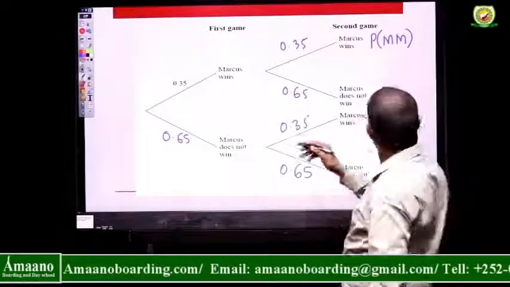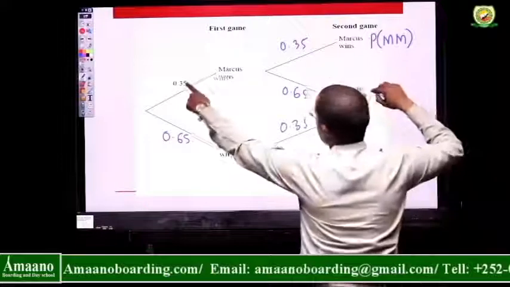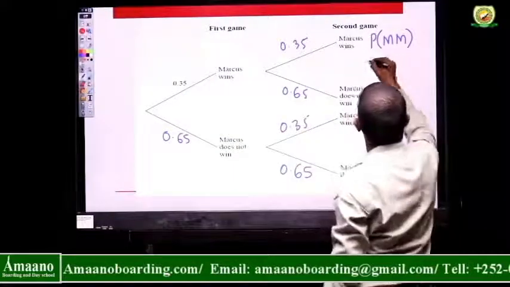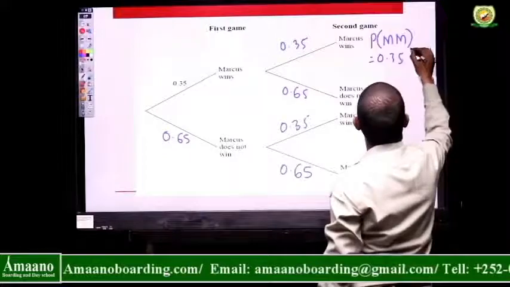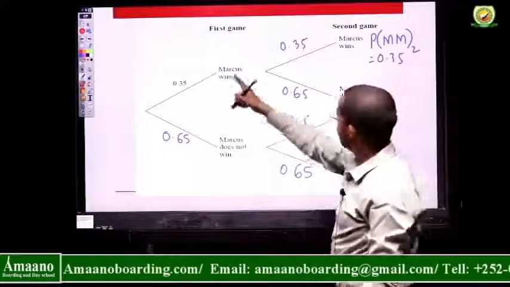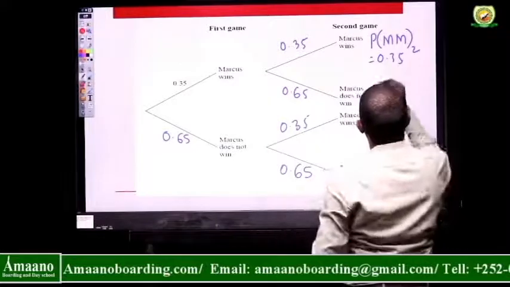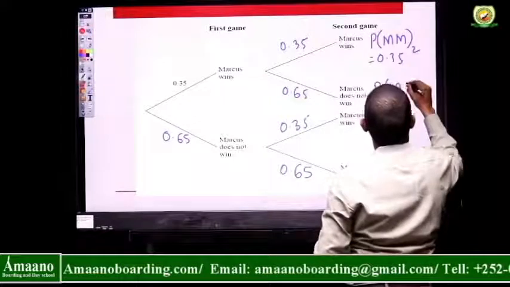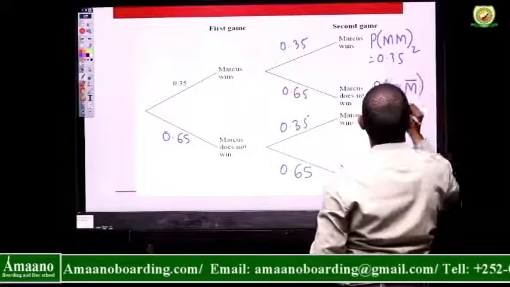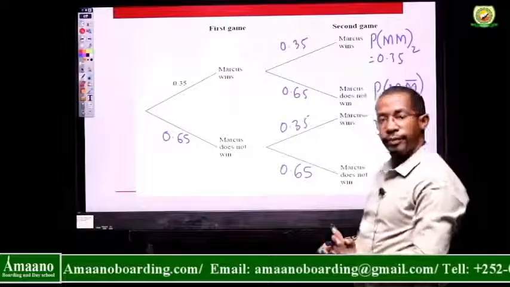So the probability that he wins 2 games, you take this number, multiply with this, 0.35 squared. This times that. This will be the event that he wins the first one and misses the second. He doesn't win the second.